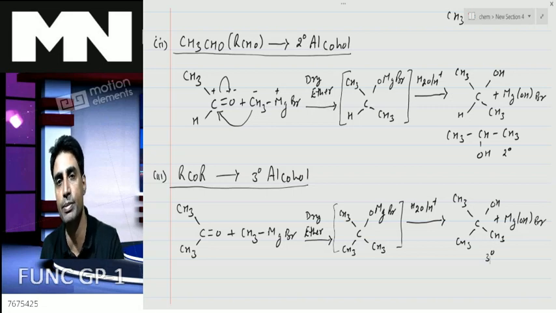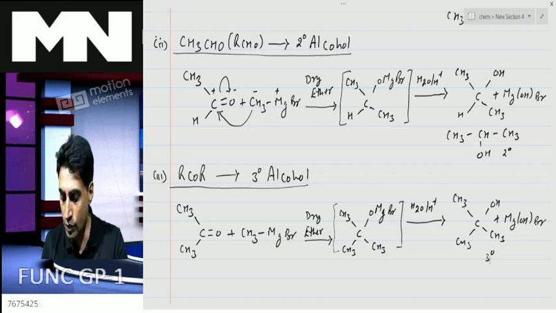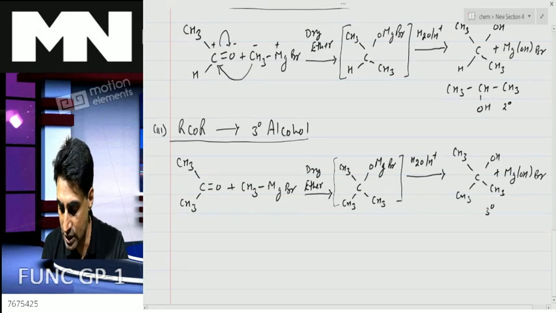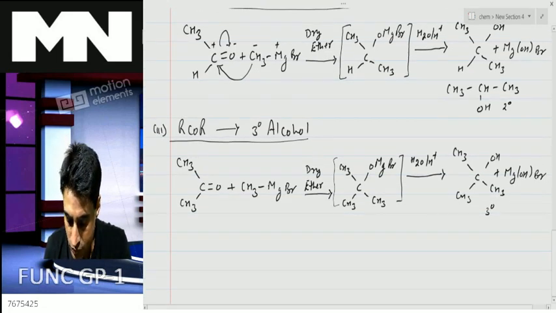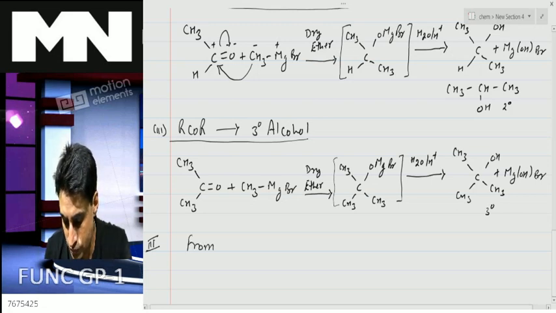Formaldehyde will give us primary alcohol, any other aldehyde will give us secondary alcohol, and ketone will give us tertiary alcohol. Now we'll move on to the third part, that is preparation from alkenes.